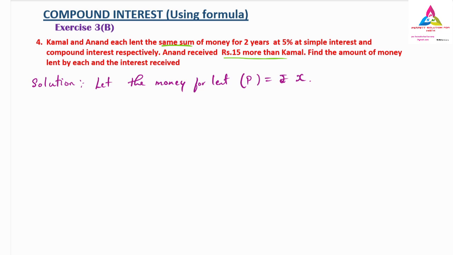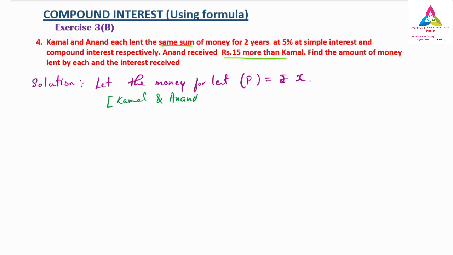So let it be X. This is the money lent by both, Anand and Kamal, because they kept the same money.